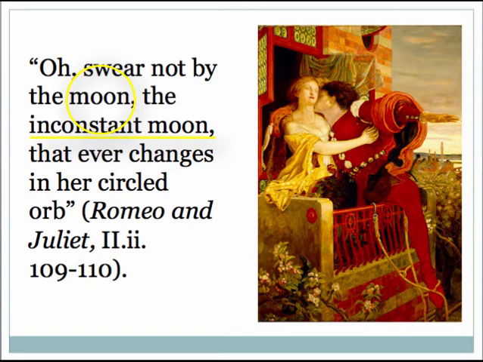She uses the same noun again, but puts an adjective in front of it for emphasis. You don't really need the inconstant moon in that sentence. It still would make sense. But oh my goodness, it adds so much to the meaning of the entire scene when she calls Romeo out on his variations of affection. She tells him not to be like the moon because it ever changes in its circled orb.